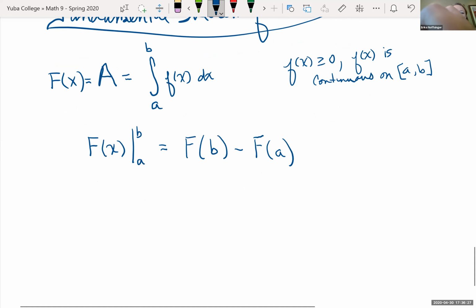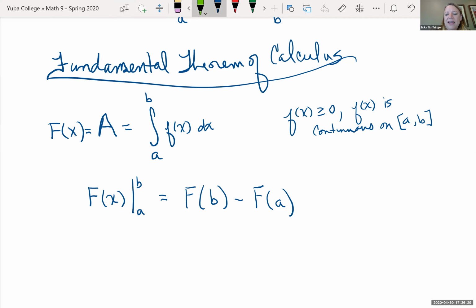So in here, we don't have to add the c. Because if we added a plus c here, we would be subtracting it off here, and they would undo each other. So we don't add c for definite intervals.